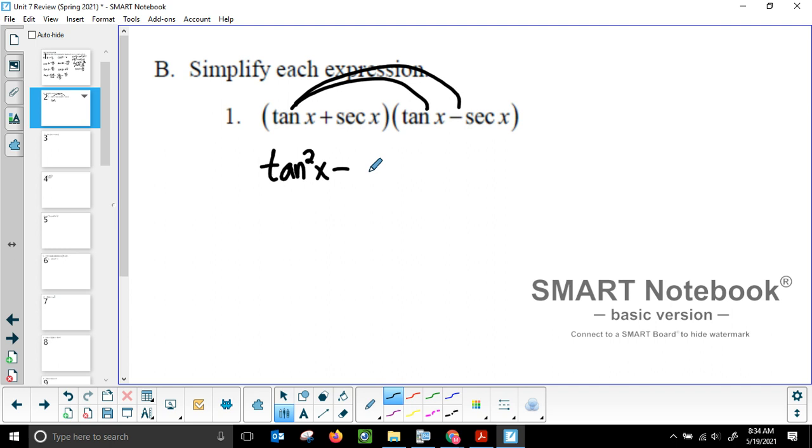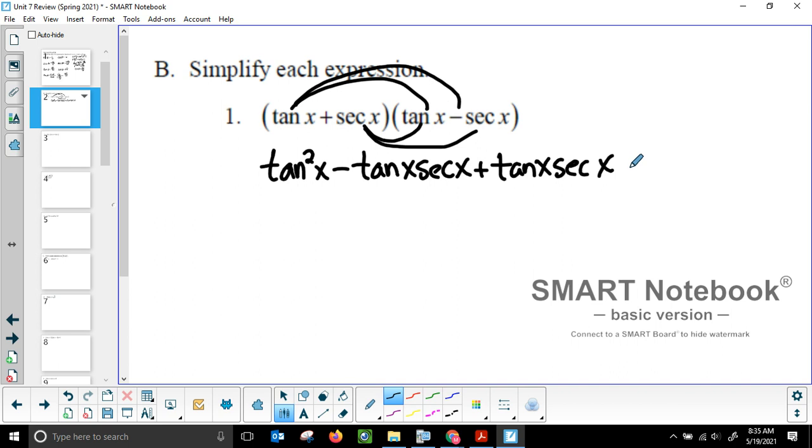Tangent times negative secant is minus tan x secant x. Secant times tangent is positive tan x secant x. And secant times negative secant is negative secant squared x.